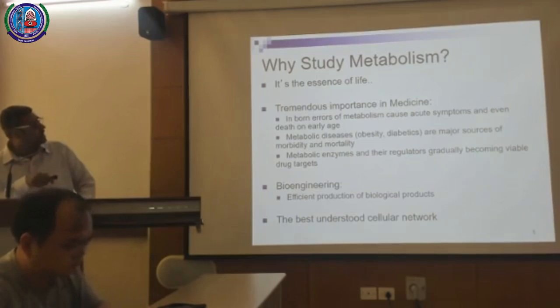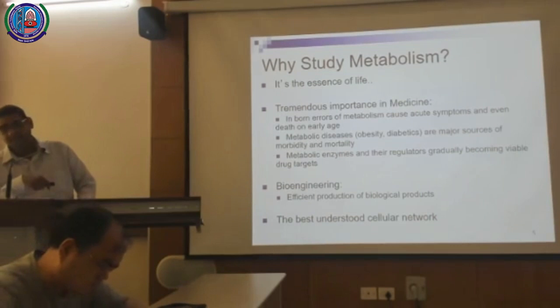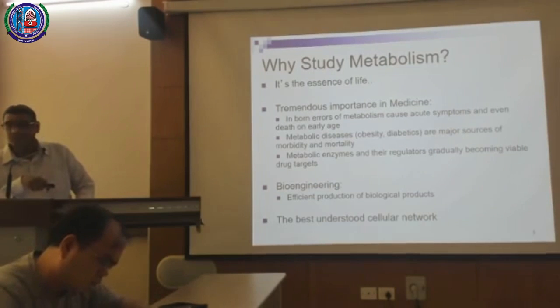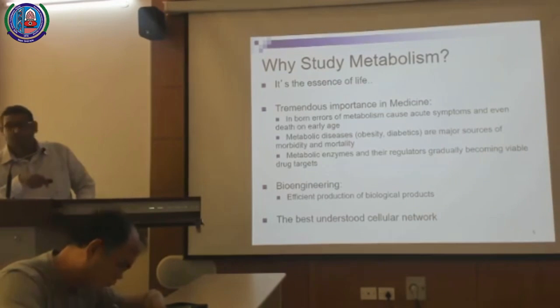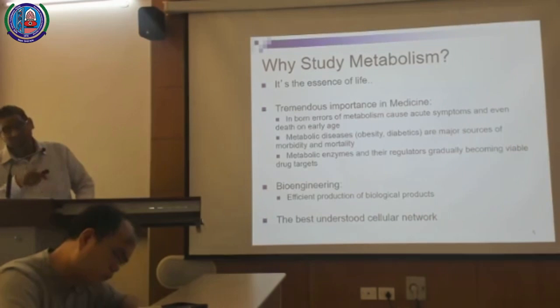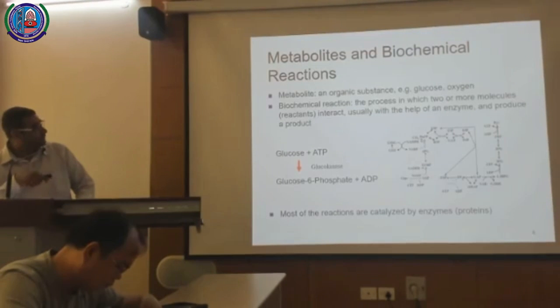So why we are studying this, this is the logic, that you can understand so many things. In this lecture we are discussing bioengineering, and how efficient production of biological products can be done. So if you see, this is the way where metabolites and biochemical reactions take place.